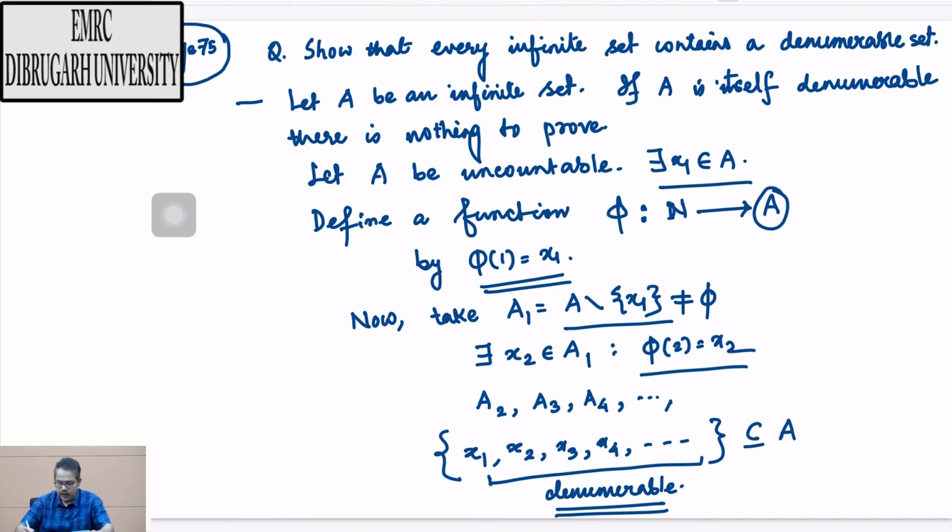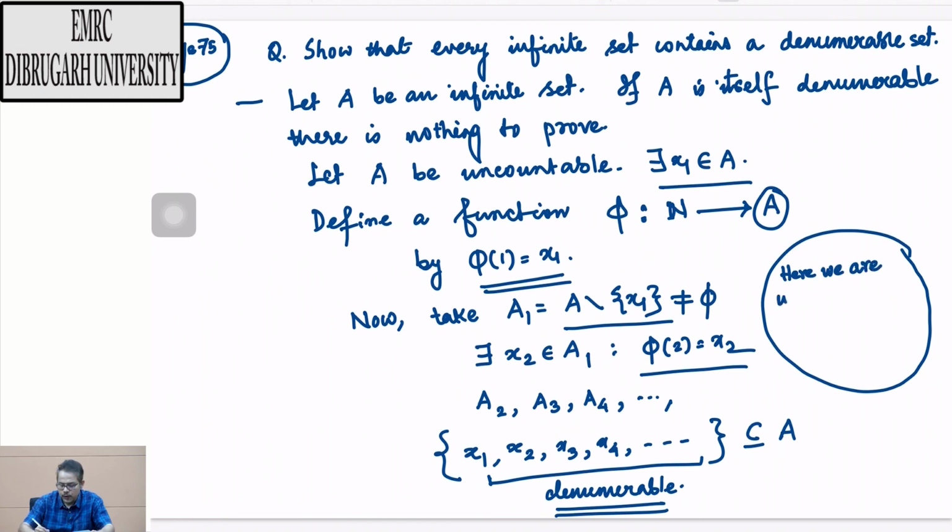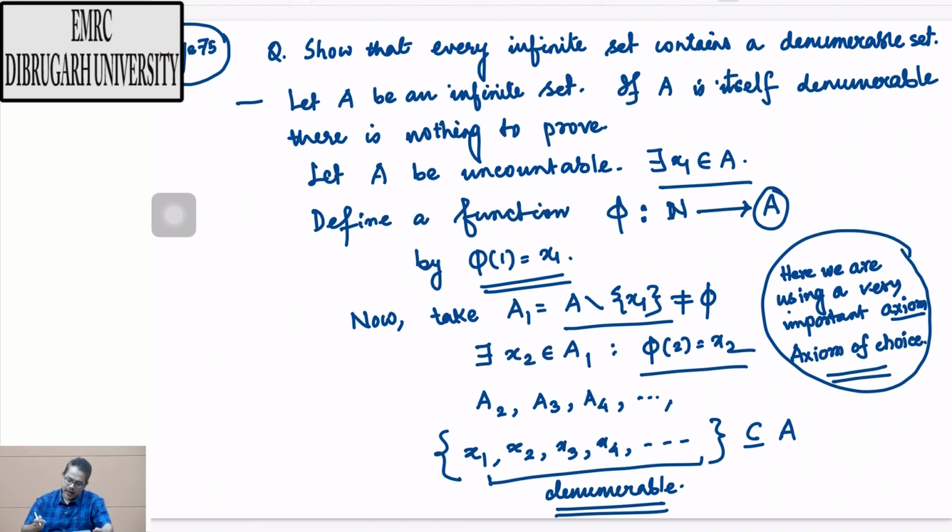Here we are using a very important axiom, that is called the axiom of choice. So, using this axiom of choice, we can find a denumerable set out of A.